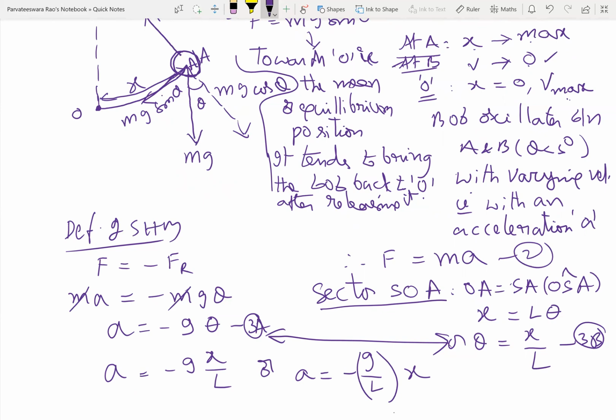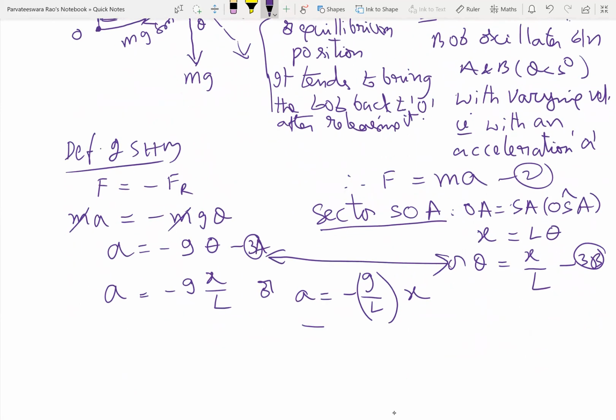Compare this equation with the equation of SHM we derived earlier, a is equal to minus omega square x. Yesterday we derived all the formulae for displacement, velocity and acceleration. If you consider the motion of N, a is equal to minus omega square y. If you consider the motion of M on XOX dash, it is minus omega square x.